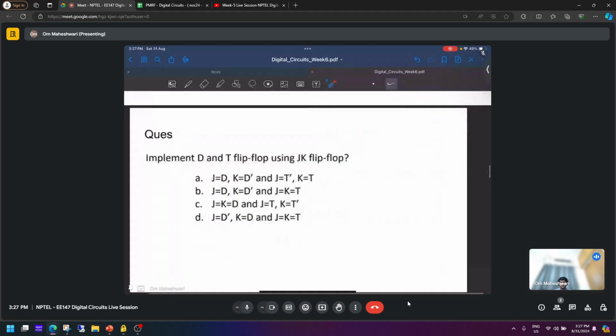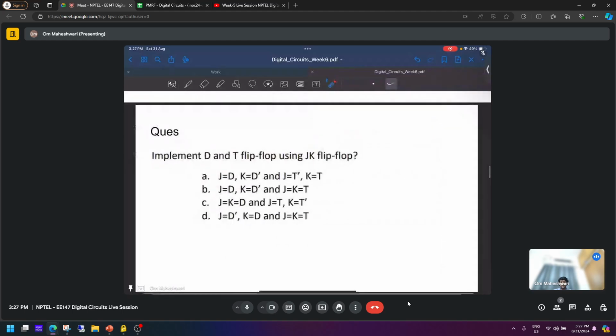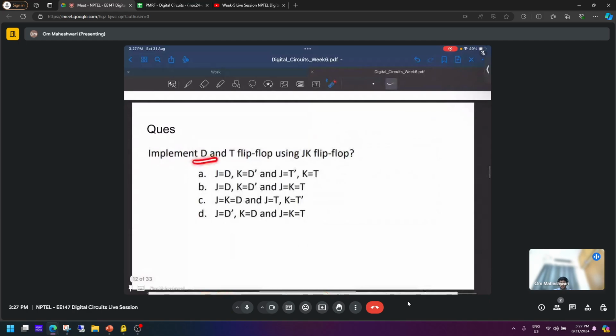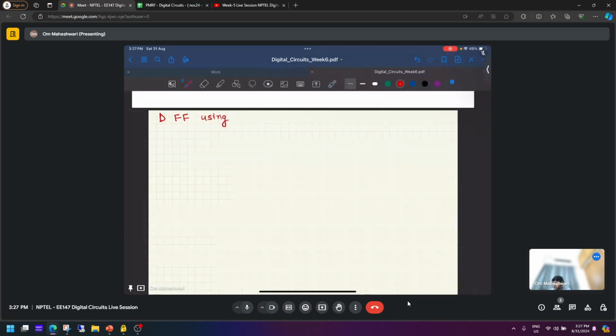Okay, the next question is, implement D and T flip-flop using JK flip-flop. So how to do this? Let us first do D flip-flop using JK flip-flop.